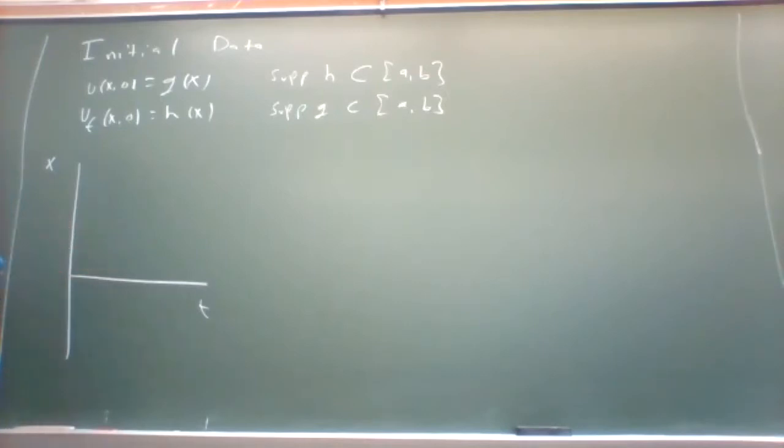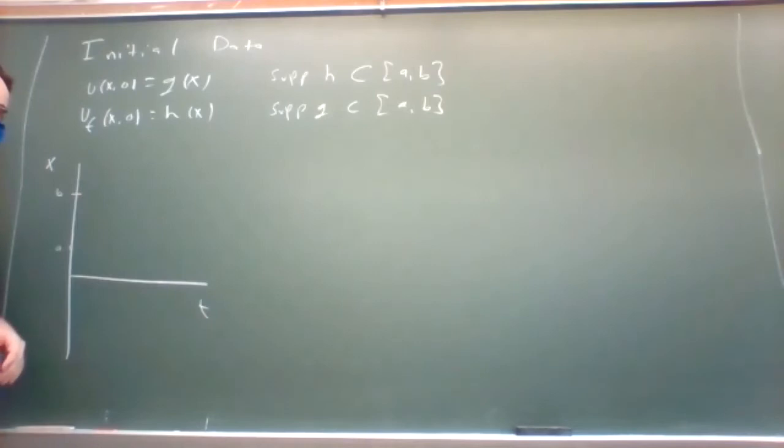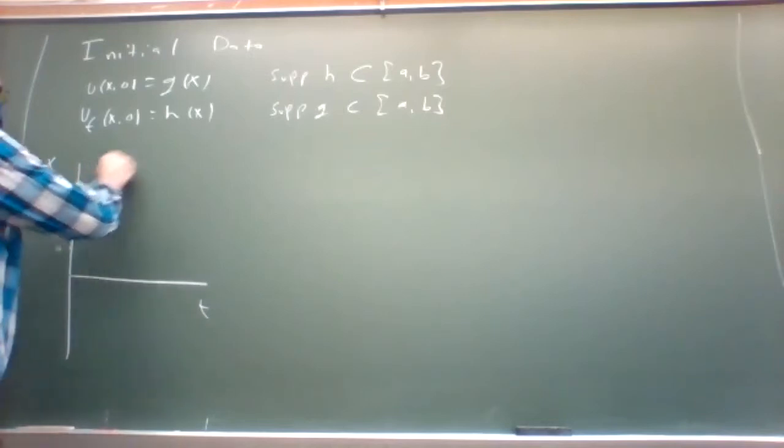Not only must the function be zero, but at the point, there's also an interval around the point where the function has to be zero. So that was the point of those technical definitions last time. And so you've got some interval where your initial condition is non-zero, and it's definitely zero outside of that interval. And so I drew this picture.